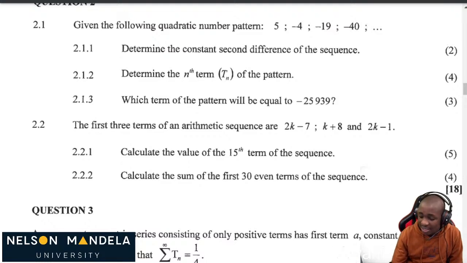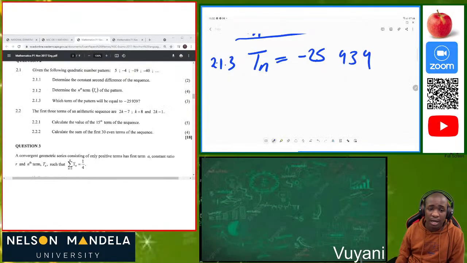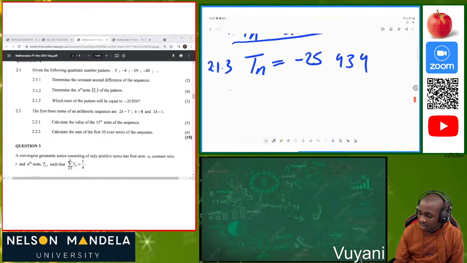We know that the moment they say which term of the pattern will be equal to, Tn must be equal to negative 25,939. So we have calculated our Tn to be negative 3n squared plus 8, and it must be equal to negative 25,939.